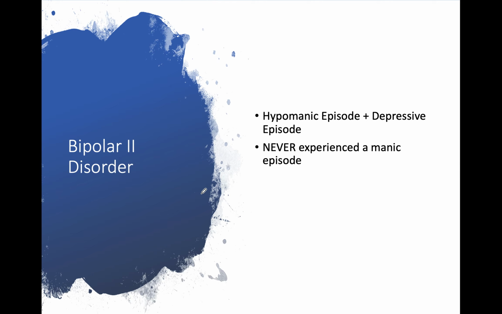Bipolar II disorder is hypomanic and depressive episodes. Never experienced a manic episode. Why is that? The simplest answer I'm looking for is if the person had a manic episode, that's bipolar 1.